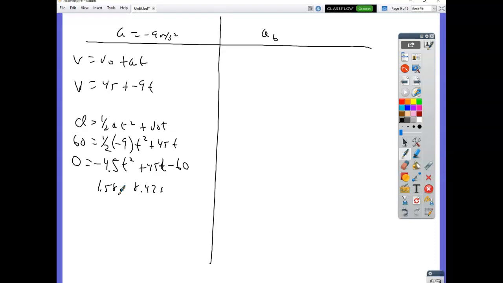Which means you would hit the barrier twice if your acceleration stays at -9. Now, why is that unreasonable for the constraints of this problem? Once at 1.58 seconds, once at 8.42 seconds. Why is that unreasonable given what we know about this problem?